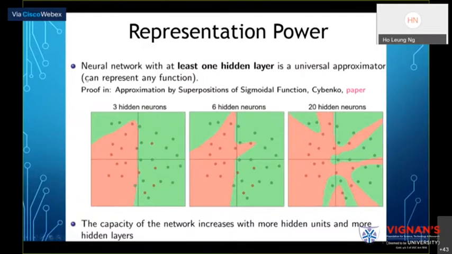Basically, a deep neural network can represent any function. A function here in the broad sense means that from a set of inputs, one can calculate some kind of output.